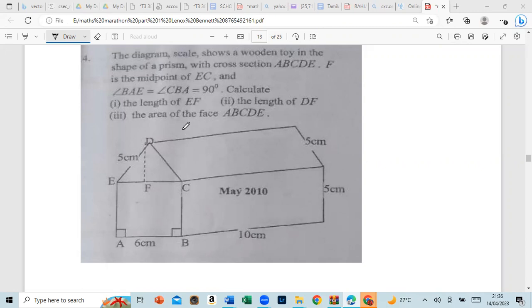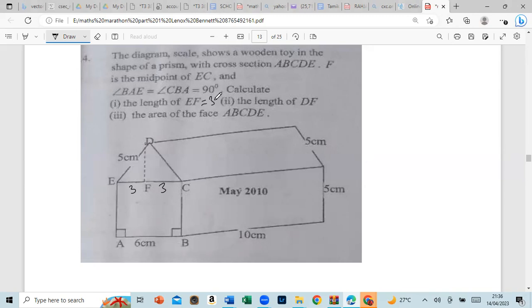Now EF, they say it's at the midpoint, right? So we know the opposite sides are equal, so all of these are 6. But because they say it's at the midpoint of EC, this side will be 3 and this side 3. So that one is straightforward. The length EF is equal to 3.